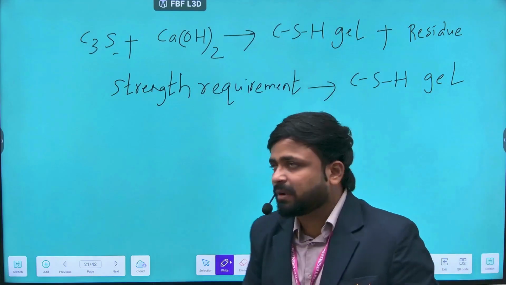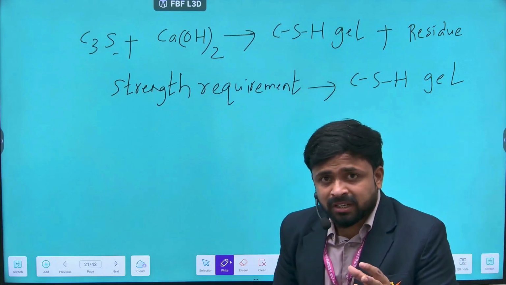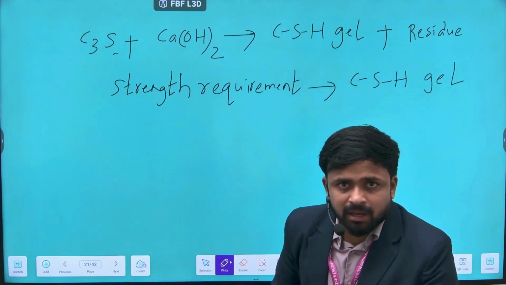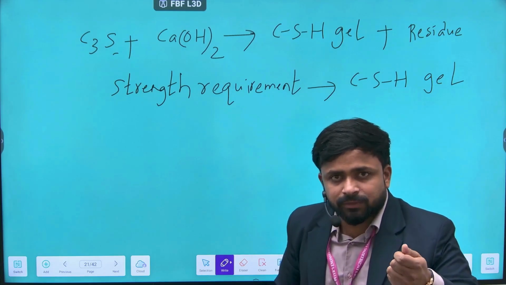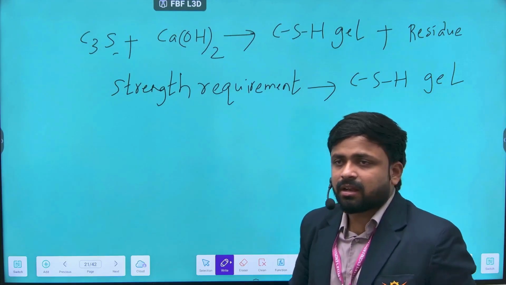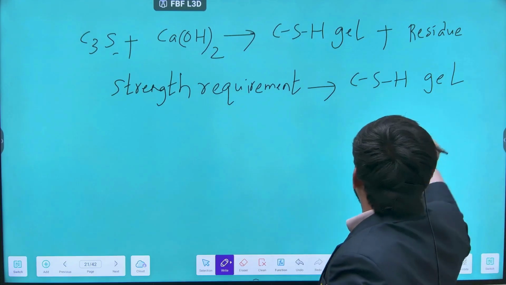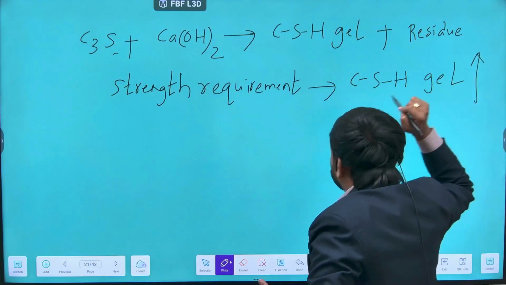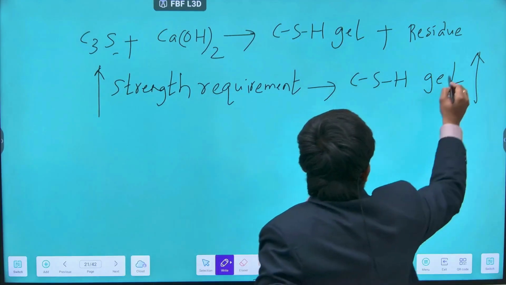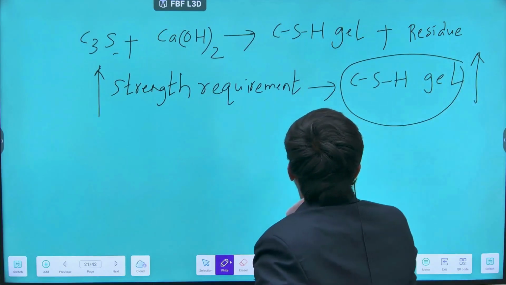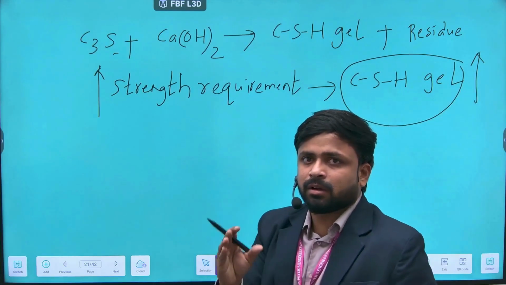It comes under the same line, that is the formation of CSH gel. How much gel is prepared when you are hydrating the concrete structure? If you are spraying water continuously on the structure, how much CSH gel is being prepared? If CSH gel is more, strength is more. So our ultimate target is CSH gel. If CSH gel is more, the strength of concrete is more.